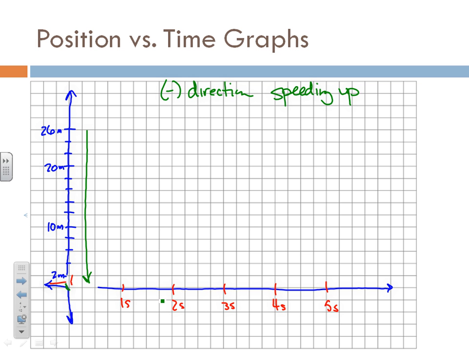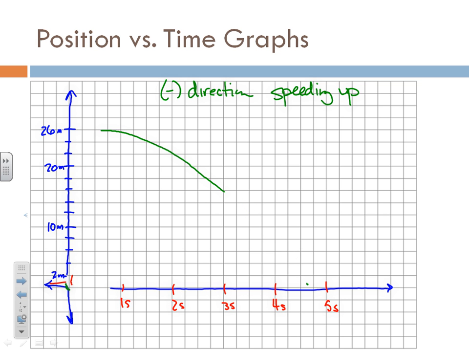That should mean that my graph, as it curves, should be getting steeper and steeper. So it's going to start out flat and then get steeper and steeper as time goes on.